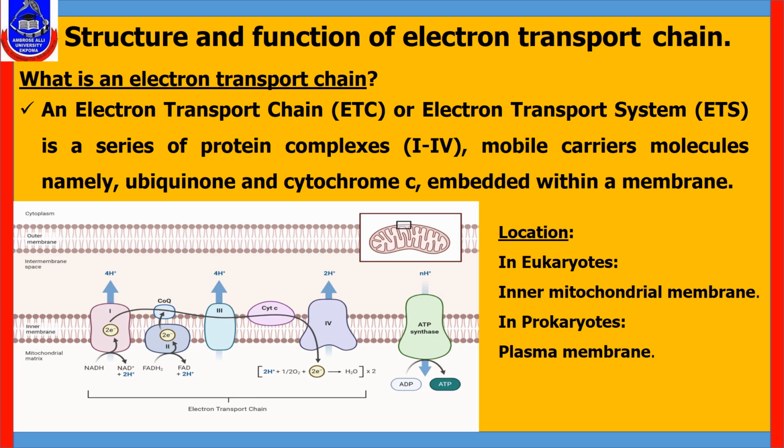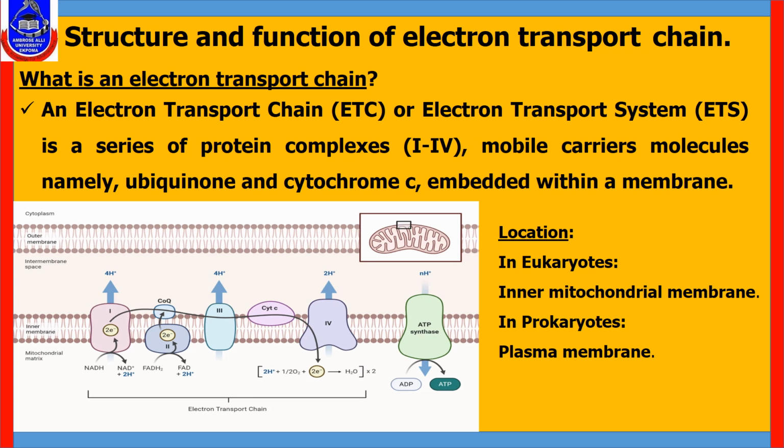We can now look at the structure and function of electron transport chain. The question that will readily come to mind is, what is an electron transport chain? I believe you are already familiar with this. You must have done it in your lower level.